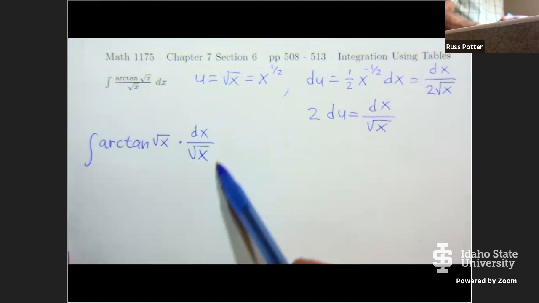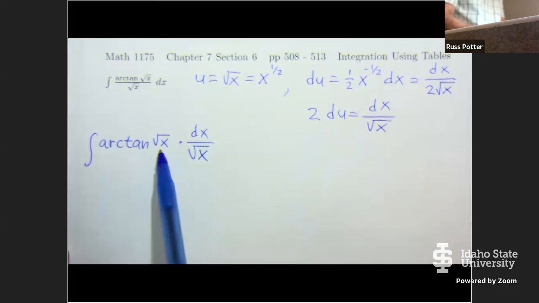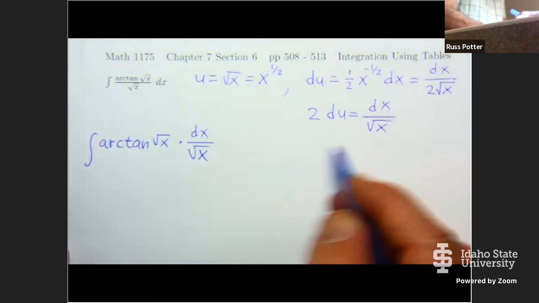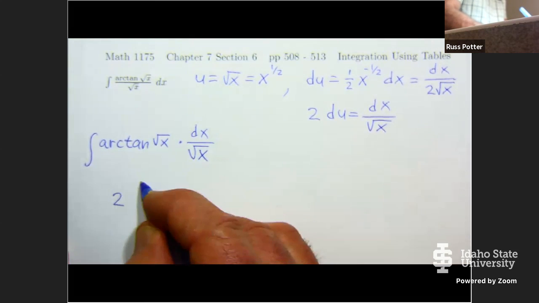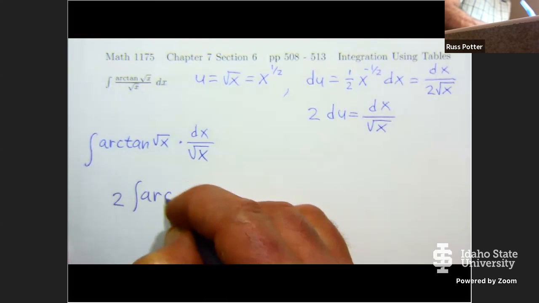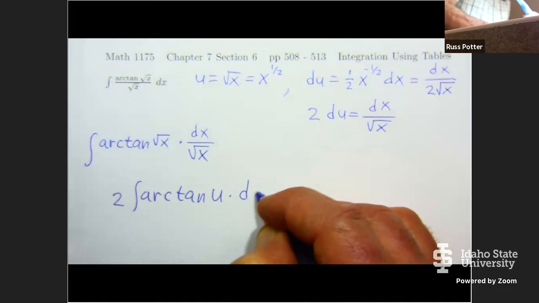So we're going to replace dx over the square root of x with 2 times du, and then replace this square root of x with u. So we'll bring the constant 2 out front, so we get 2 times the indefinite integral of the arctangent of u du.